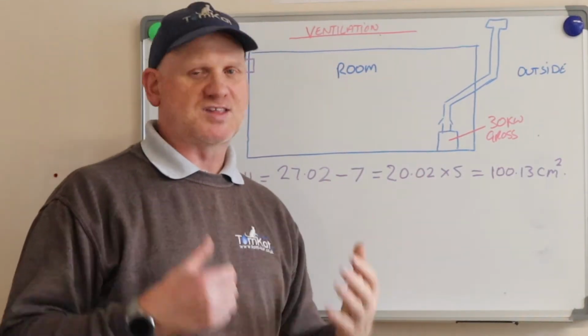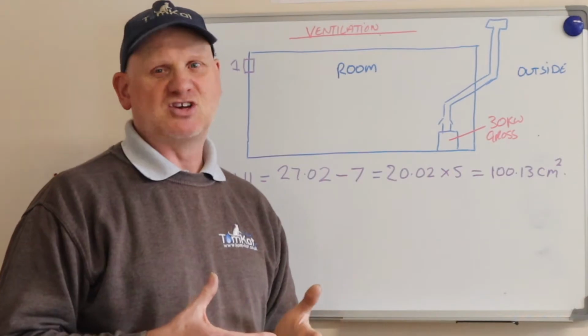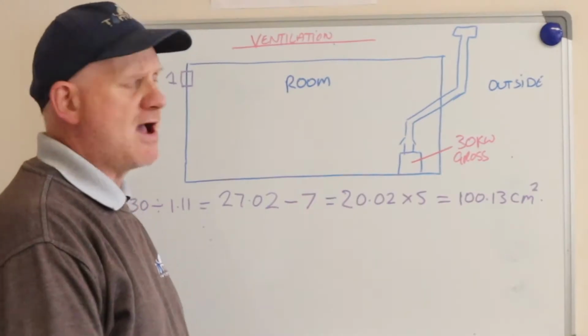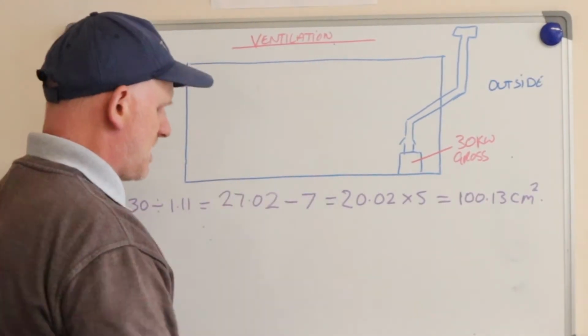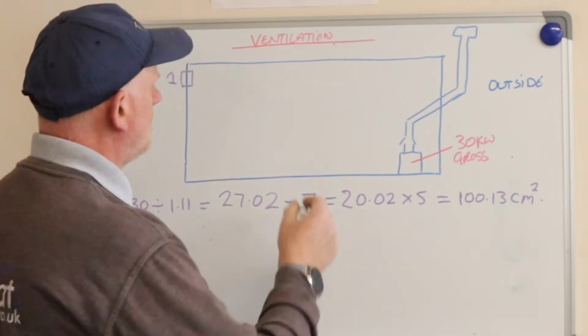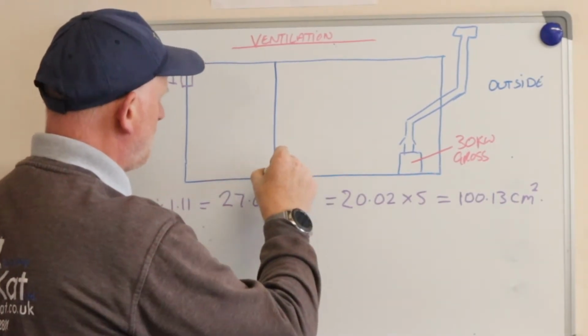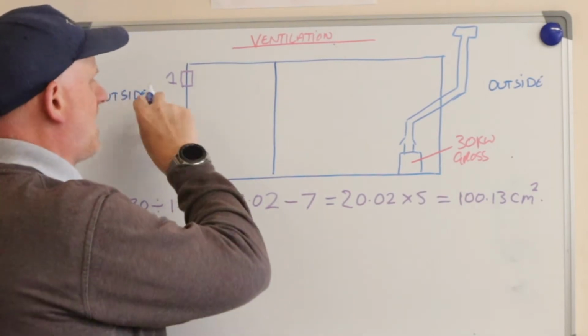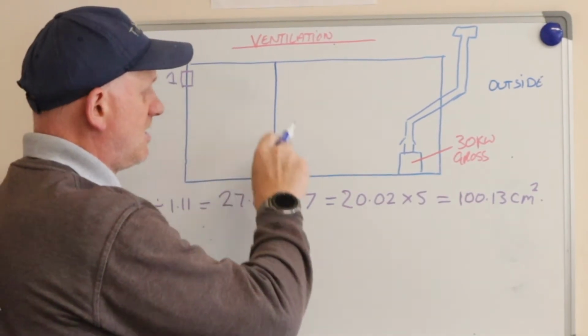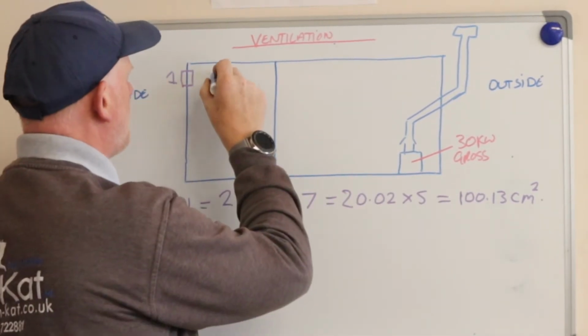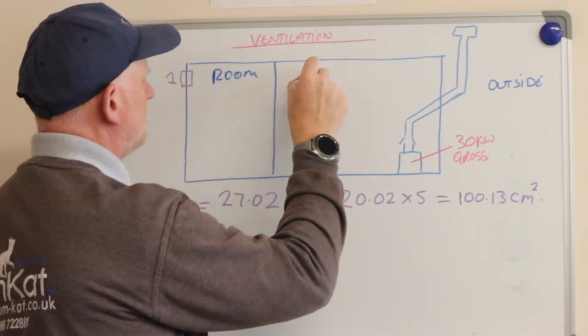Now, what if instead of just being one room, we now have 2 rooms where we've got to get the vent from here through into here. So we've now got 2 rooms.